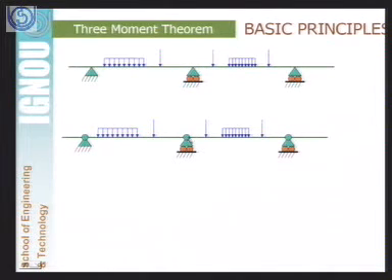Here we have introduced a release, so there will be a kink here and the continuity of the beam will break here. So to restore this condition we have to write the compatibility equation in such a manner that the relative rotation between left and right of this node is 0. From this compatibility equation we will calculate the unknown moment at this node. That is why it is also called the compatibility method of analysis.